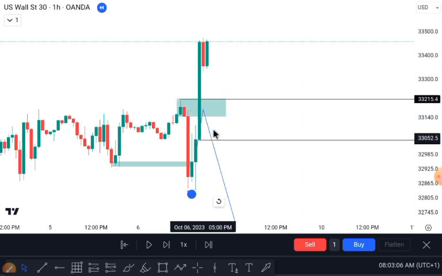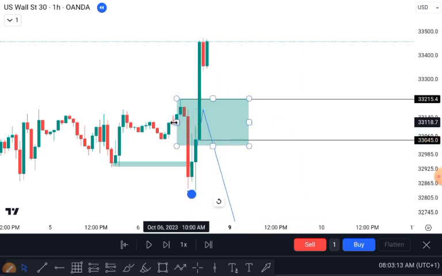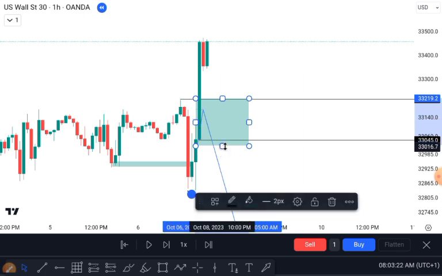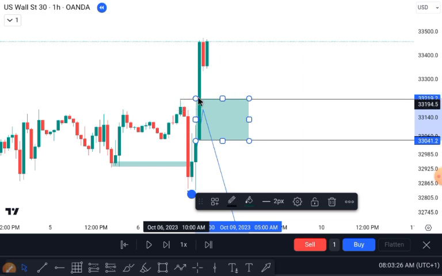This is so because this is a bullish breaker block. This is a bullish scenario, so that's why we are marking the high of the other block and then the low of the breaker candle. Basically the high of this other block is our entry, and the low of this breaker candle is our exit, our stop loss.